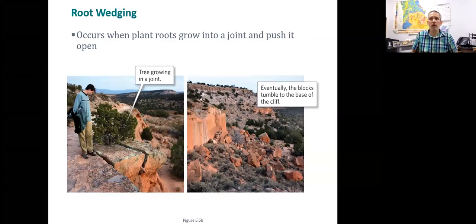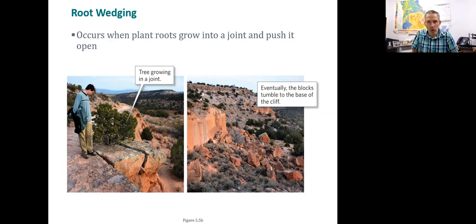Another way that we can do this is by root wedging. Same process, different mechanism to break these rocks apart. This is an example of some rocks that have been pulled apart by plants. The plants get into the cracks of the rocks, the roots grow, and the roots themselves growing split apart these rocks.